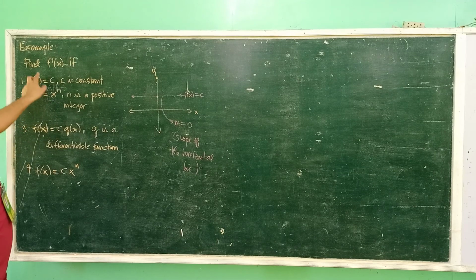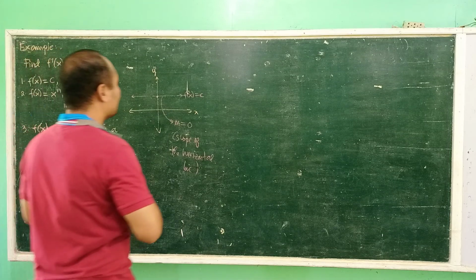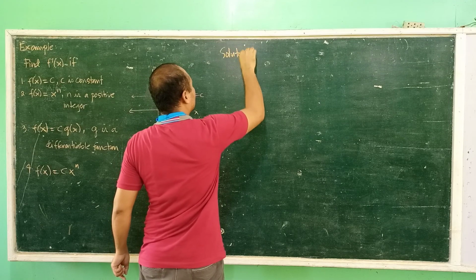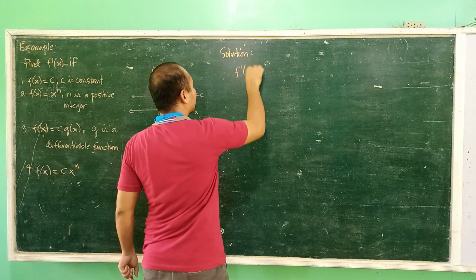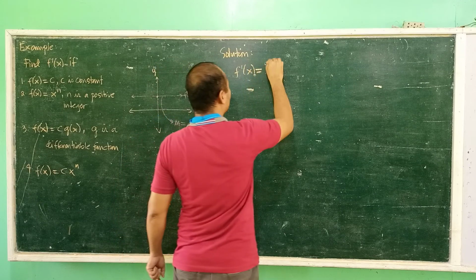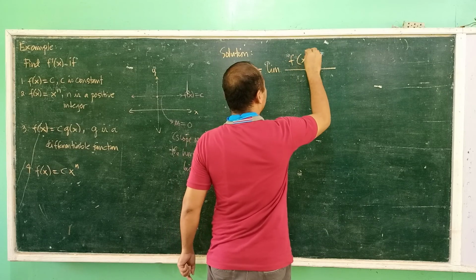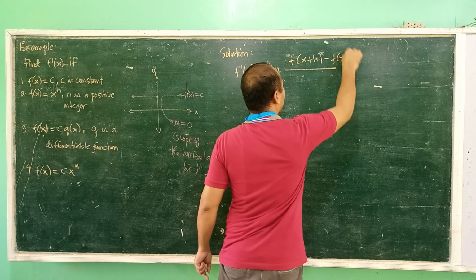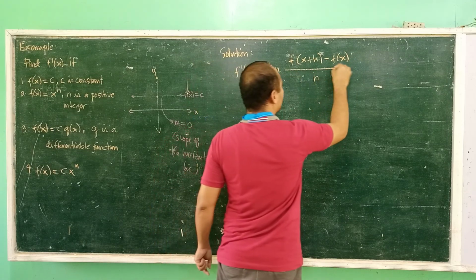Now, what do you think is the f prime of x when f of x is c? So how will we solve for the f prime of x? So, solution. We know that we define f prime of x to be equal to the limit of f of x plus h minus f of x all over h as h approaches 0.